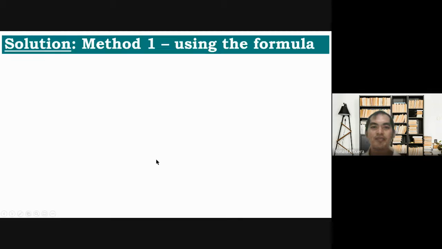Our solution number 1, or method 1, is using the formula, using the characteristics of the parts of the parabola. But before that, our step 1 is always to change the general form of the equation to standard form.